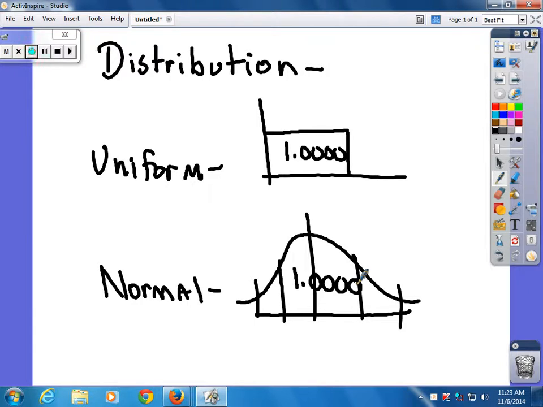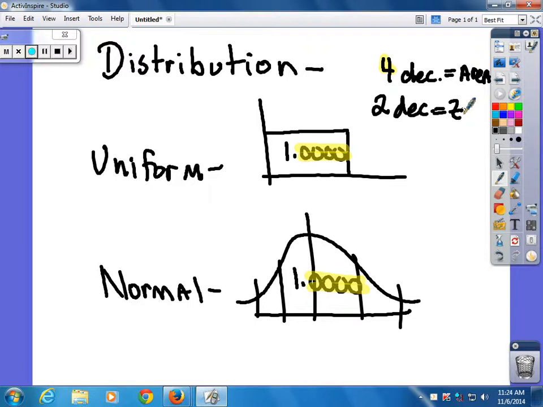Now, one of the reasons I write it as 1.000 is I tell students that in this chapter, if you see 4 decimal places, that means area. Two decimal places means z-score.